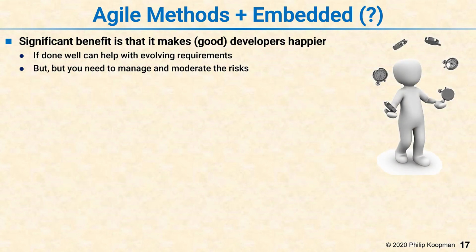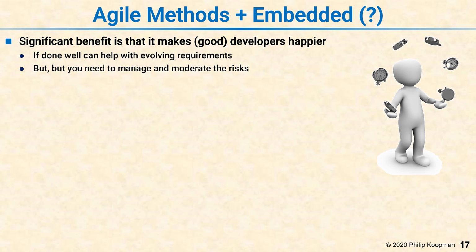What about Agile methods used for embedded systems? It's not quite as obvious a fit. And so let's talk about some of the potential issues. A significant benefit of a well-run Agile project is that it can make good developers happier. Really capable developers don't like a lot of paperwork. They don't like a lot of interference. They'll just say, I know what I'm doing, let me do my job.